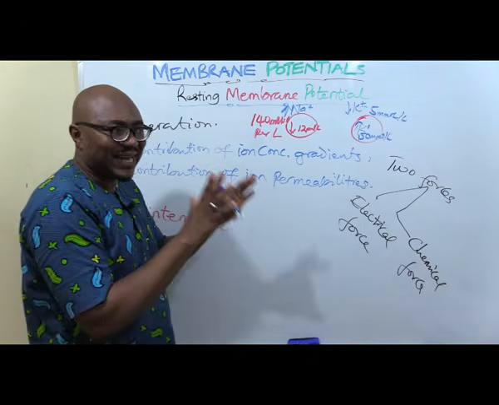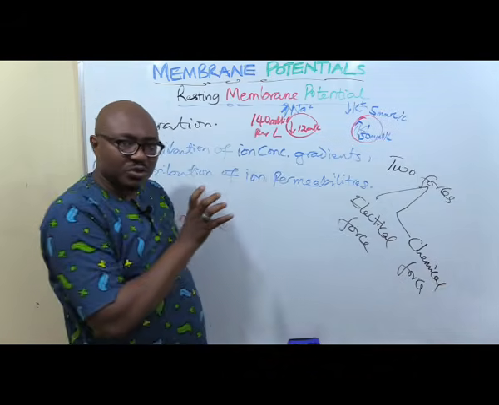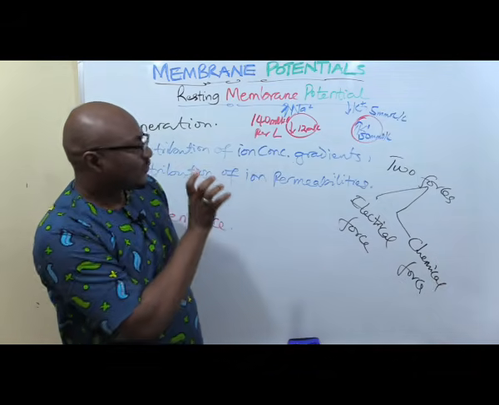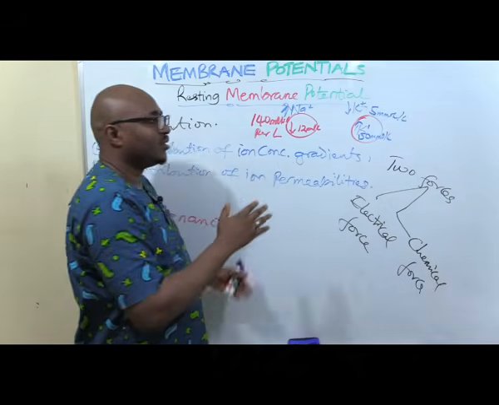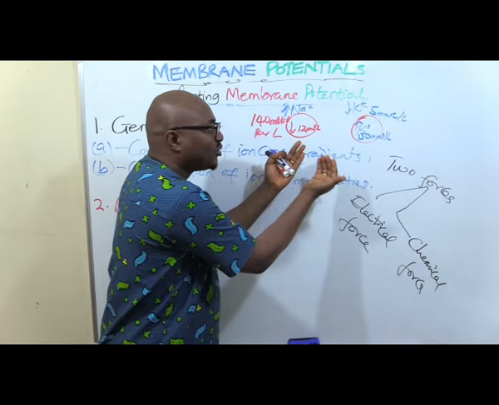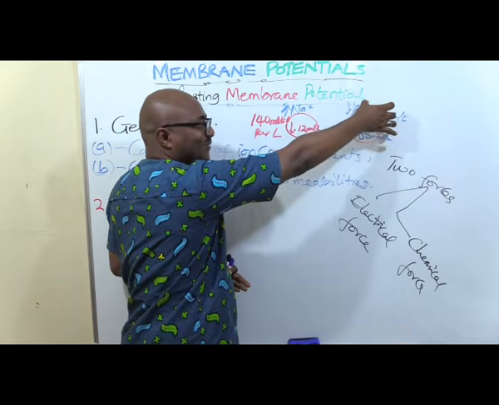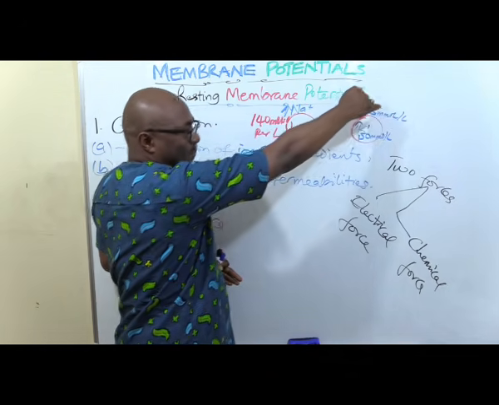So there is now a balance between the force of the concentration gradient, which is from inside out, while the electrical gradient is now pushing it from outside in, because positivity is increasing outside, so it's repelling it.